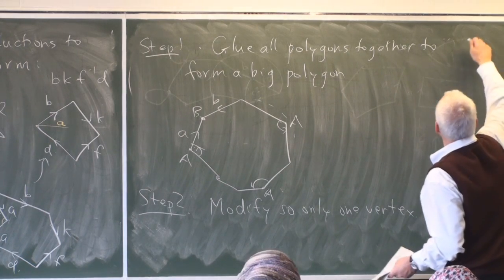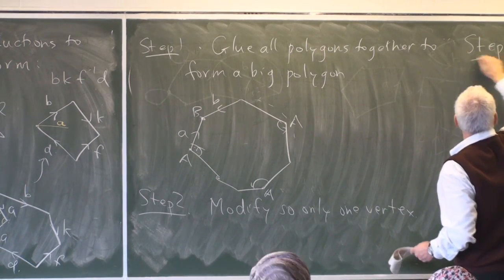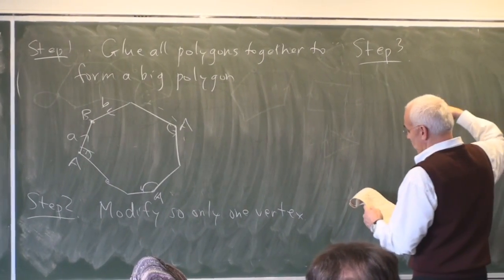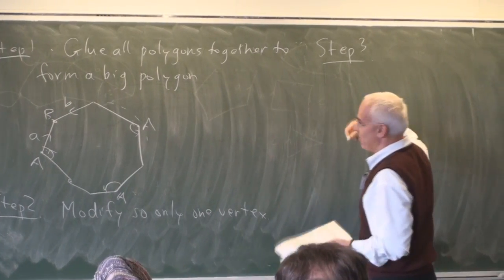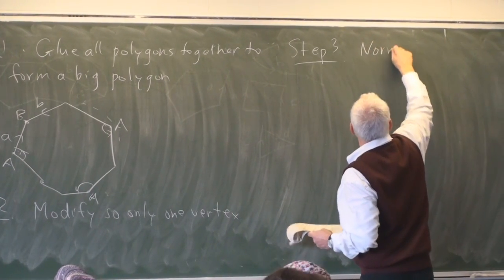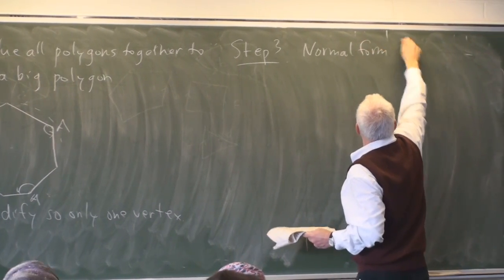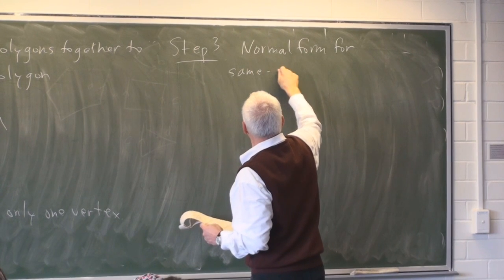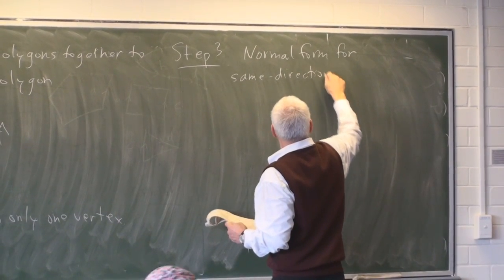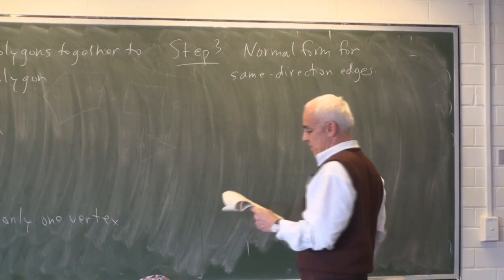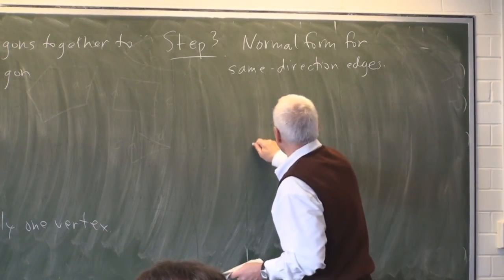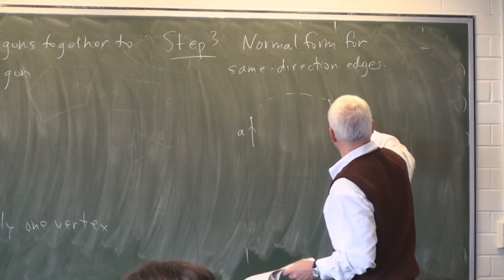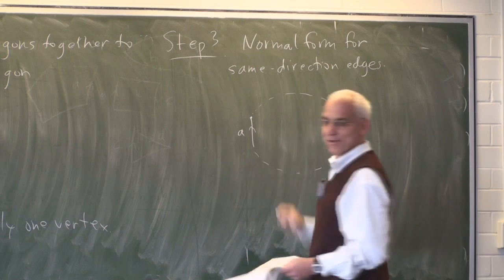After we've done that, step 3 is we're going to distinguish between two types of edges, between edges which are in the same direction and ones which are in the opposite direction. So we get a normal form for same direction edges. That means there's an edge A like this, and then some other stuff, and then there's another edge A, something like that.